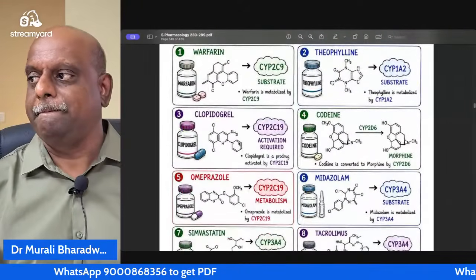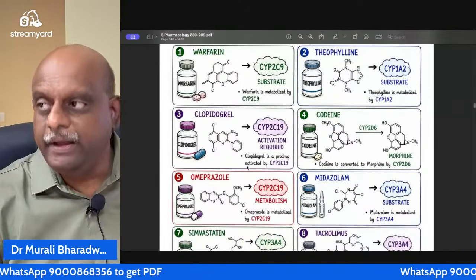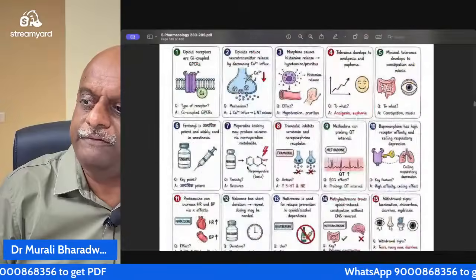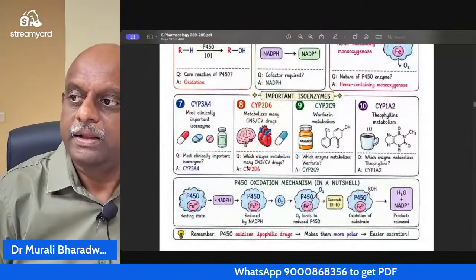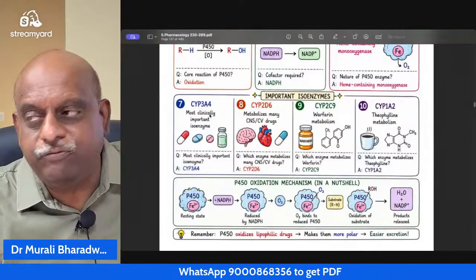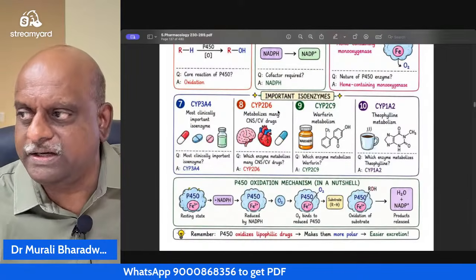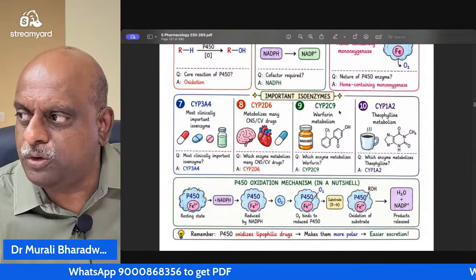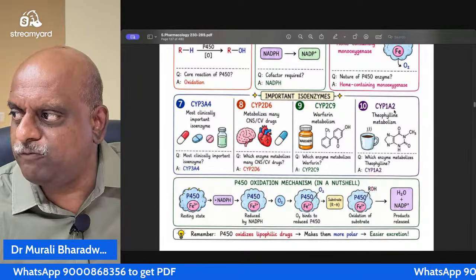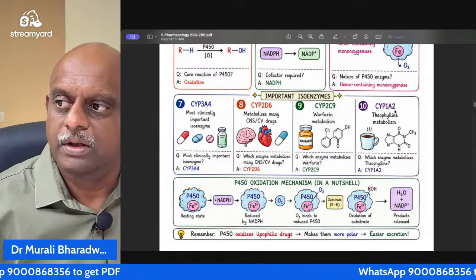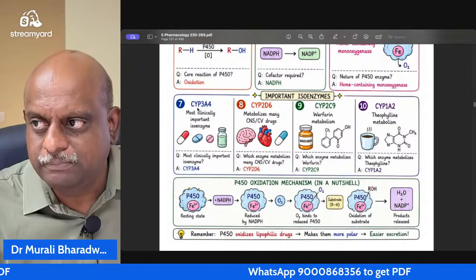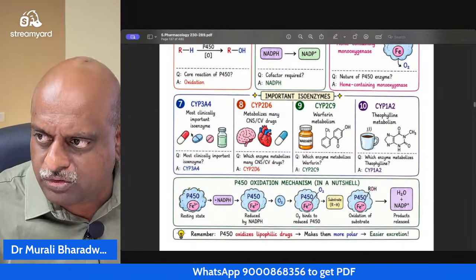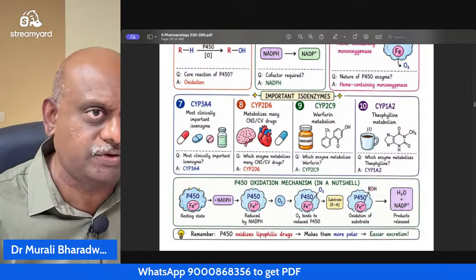Now, in the P450 system, there are these types: CYP3A4, CYP2D6, CYP2C9, CYP1A2. Of all these, CYP3A4 is the most clinically important isozyme.